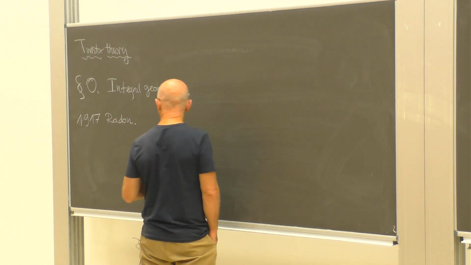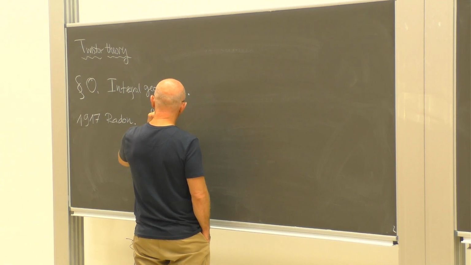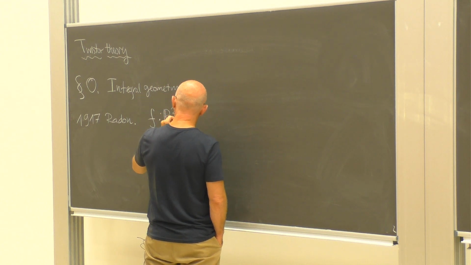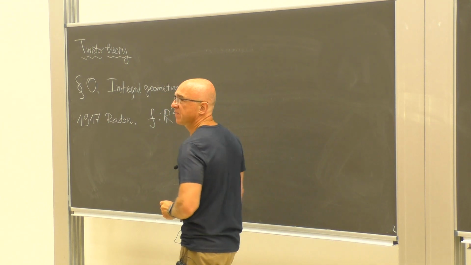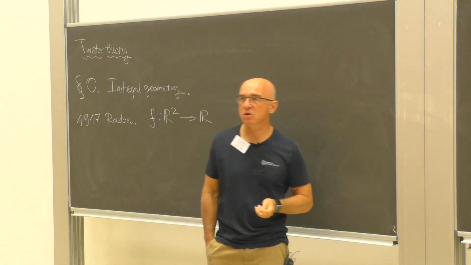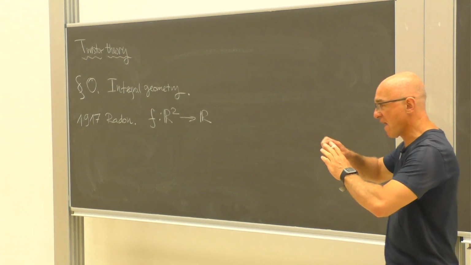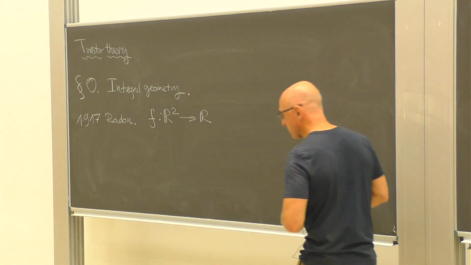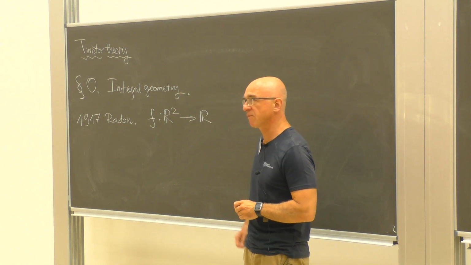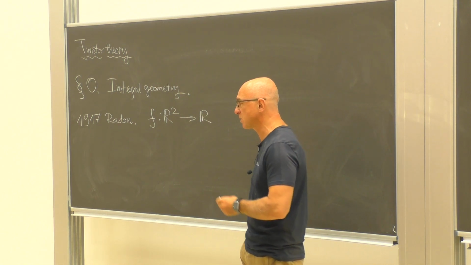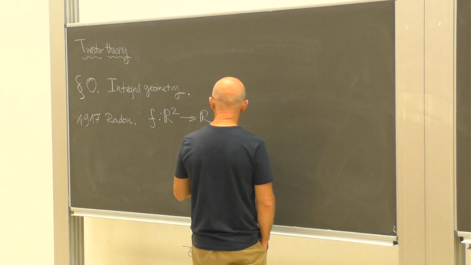You have a function on a plane, and this function, depending on the formulation, is either compactly supported, that it vanishes outside some closed set, or alternatively it has sufficiently good decay conditions so that all the integrals I'm just about to write down are well defined.